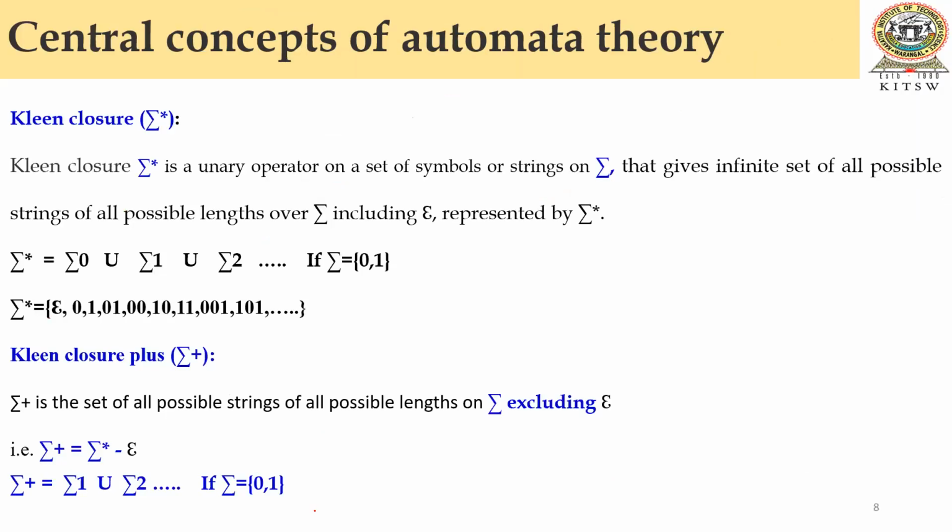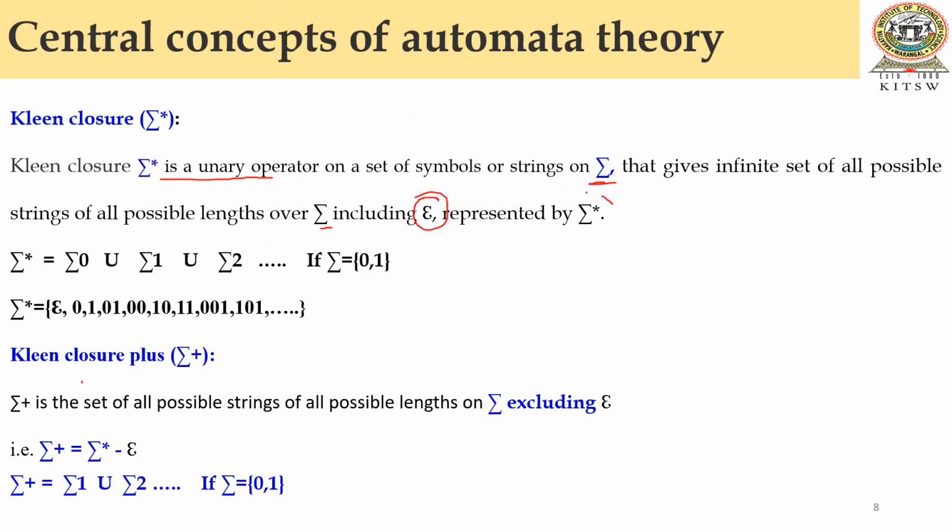Now, Kleene closure. As we discussed in the previous slide, Kleene closure is a unary operator, and the set of strings over sigma gives an infinite set of all possible strings of all possible lengths over sigma, including epsilon.